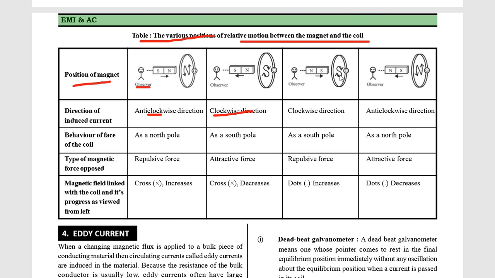So you can see the current is in clockwise direction here, and the last one is anti-clockwise. When this bar magnet moves away such that the south pole is moving away from the loop, then the loop behaves as a north pole on the front face, you can see here.